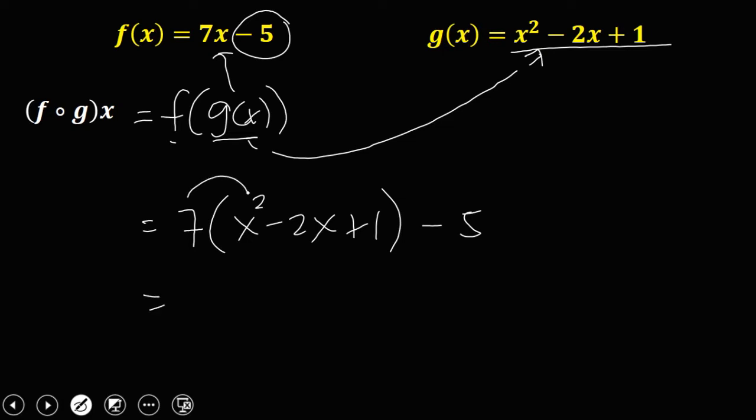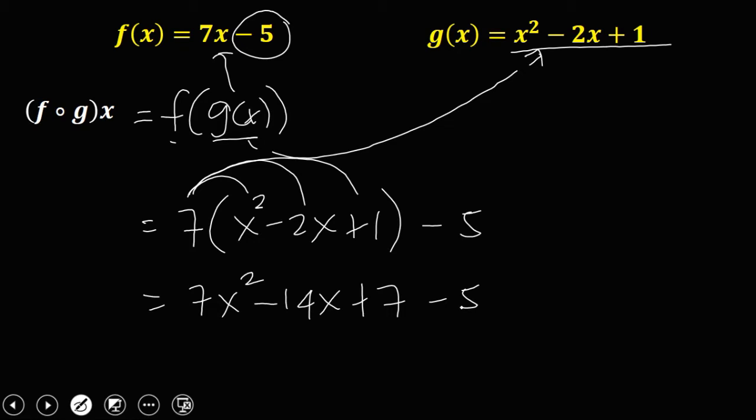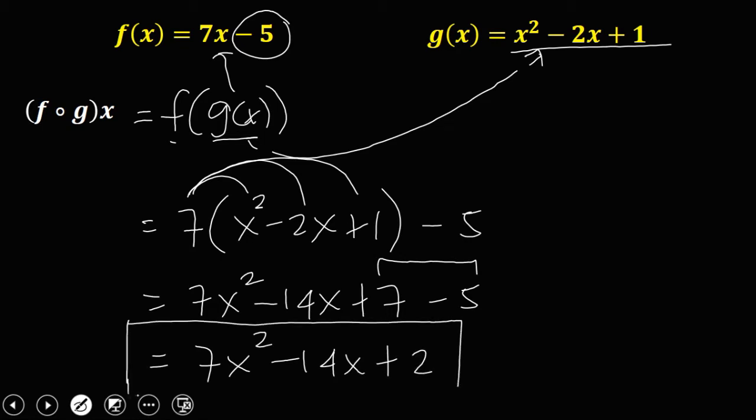So distribute: 7x squared, then negative 14x, plus 7, then minus 5. Then you combine like terms, so 7x squared minus 14x, then plus 7 minus 5, it's positive 2. So this is the answer.